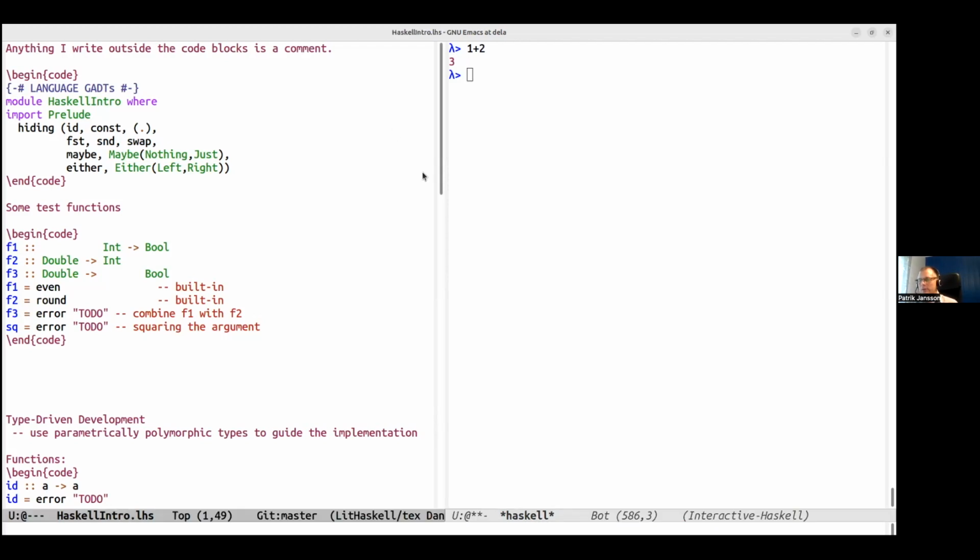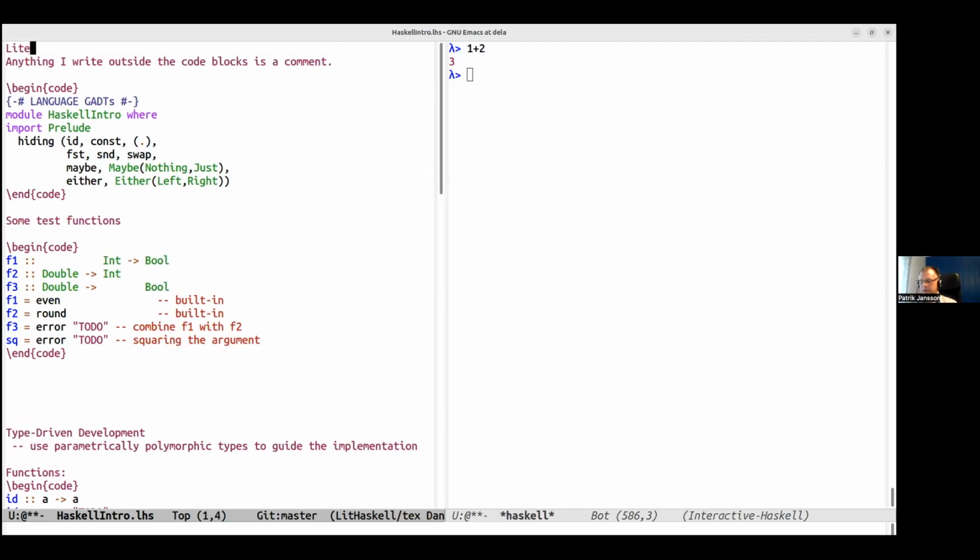So first of all, I'm using something called literate programming, which has been around since the 70s or so. It means that anything I write outside code blocks is a comment. So this part is a comment, and then it says begin code, and then there is some code and end code, and then it's comment again. So I can say comment again down here.